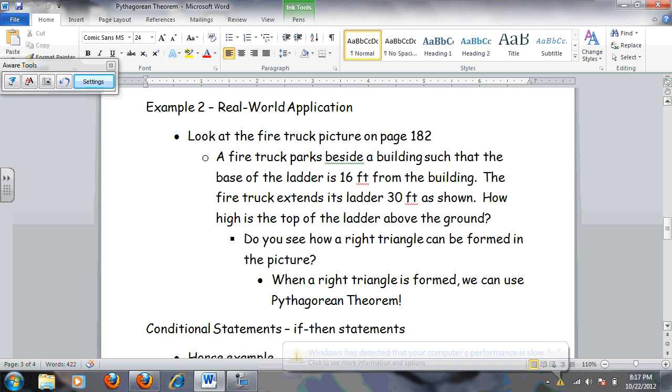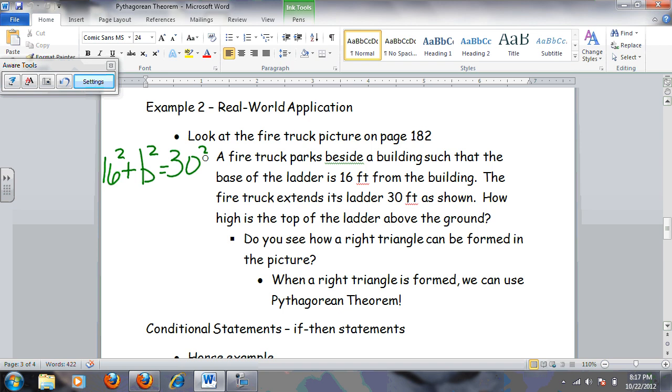Do you see how we could use the Pythagorean theorem? I have a leg length of 16, so I'm going to square it, plus a leg length I don't know, which is going to be B squared. I know the hypotenuse, which is 30, and I'm going to square that.